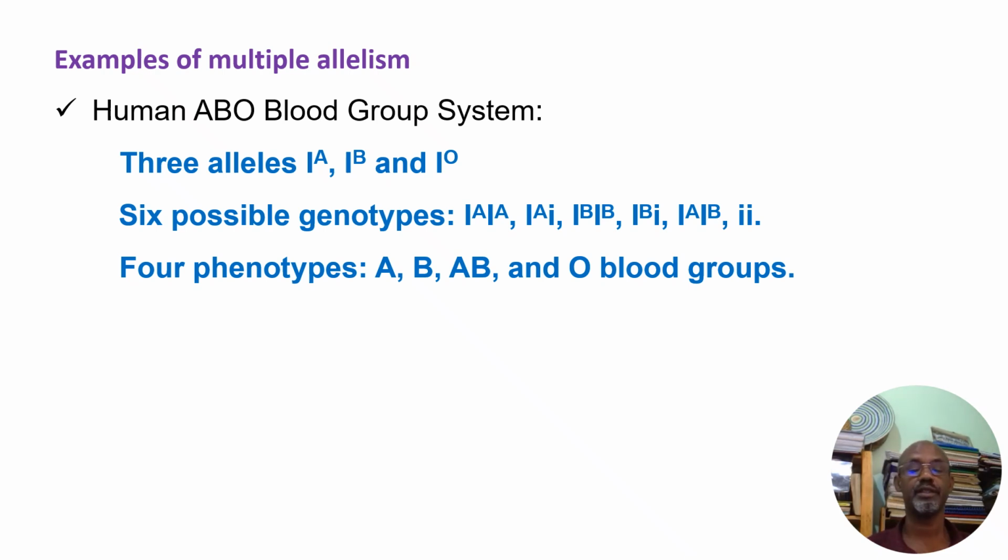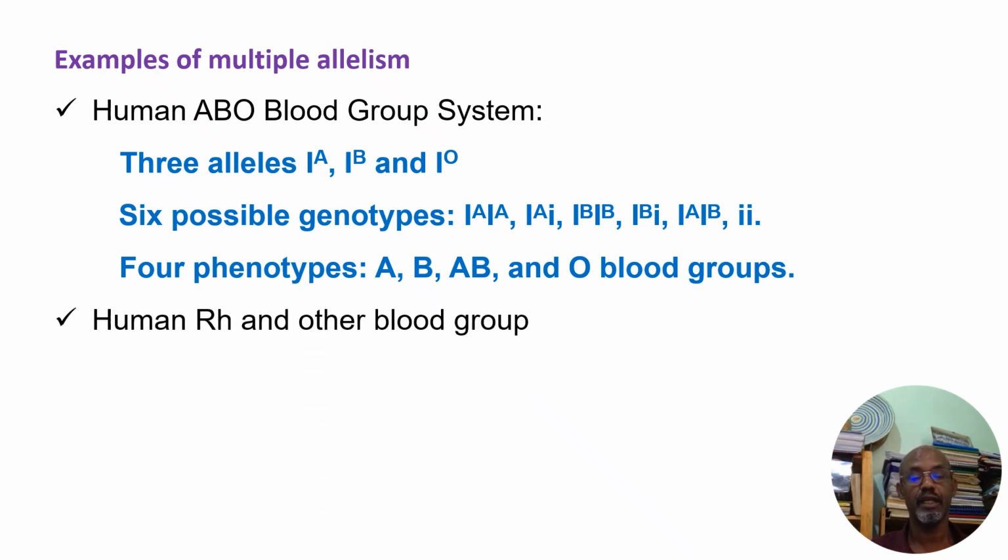Even you can replace IAIA by AA, IAIO by AO, IBIB by BB, IBIO by BO. Therefore, 6 possible genotypes, 4 phenotypes. The 4 phenotypes are A, B, AB, and O.